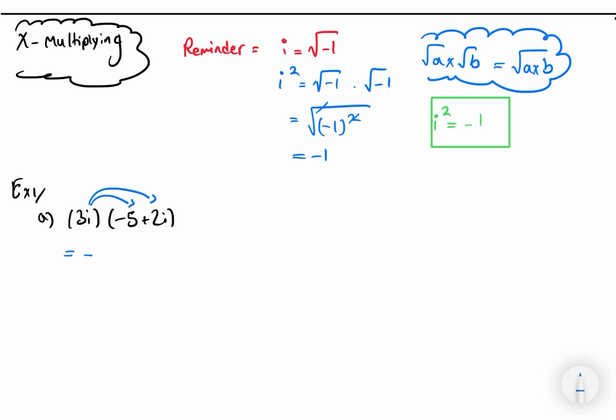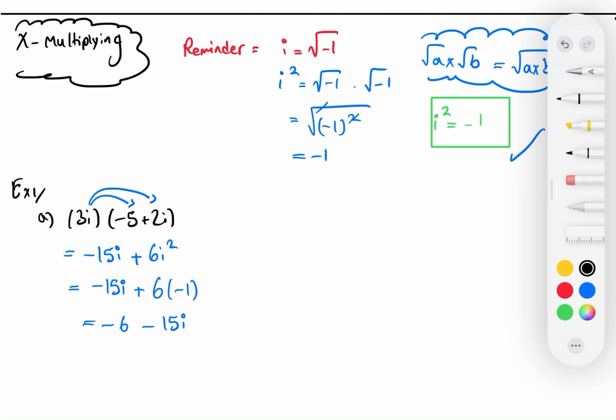So that's going to give you -15i plus 3i times 2i, that's 6i squared, right? Now the -15i can't really be simplified any further, so you just have to leave it as -15i. But the 6i squared can be simplified as i squared is what? It's equal to -1, right? So you can multiply with -1, and the final answer is -6 minus 15i.